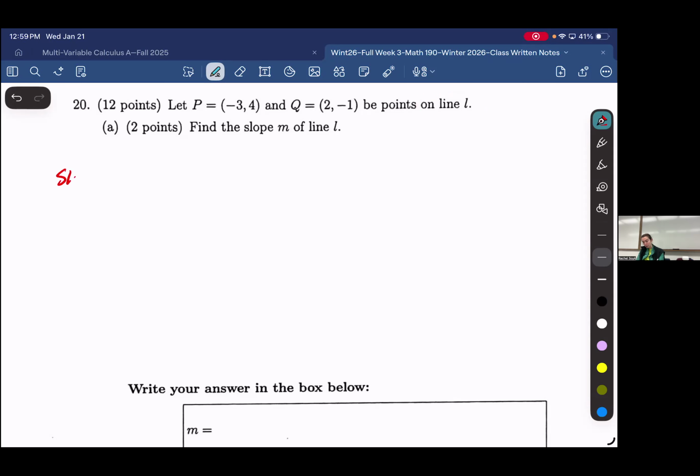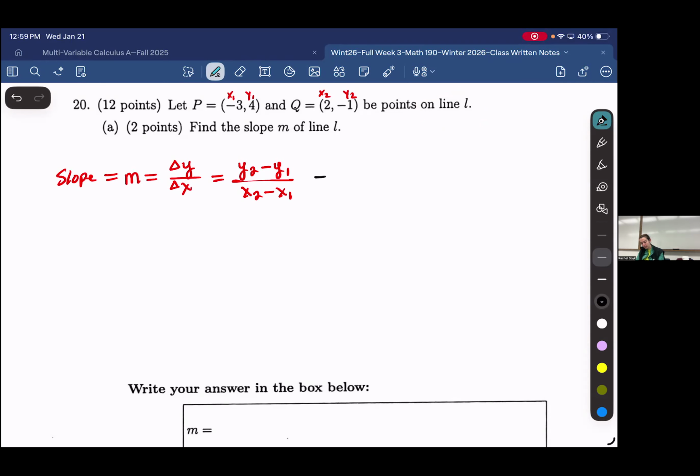So our formula for slope when we're given 2 points, delta y over delta x, or y2 minus y1 over x2 minus x1. We're going to label our point P as x1, y1, and our point Q as x2, y2.